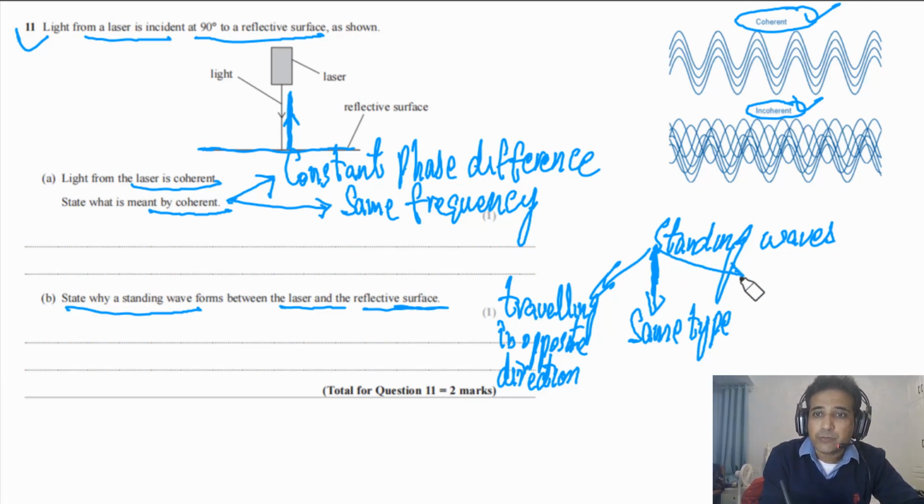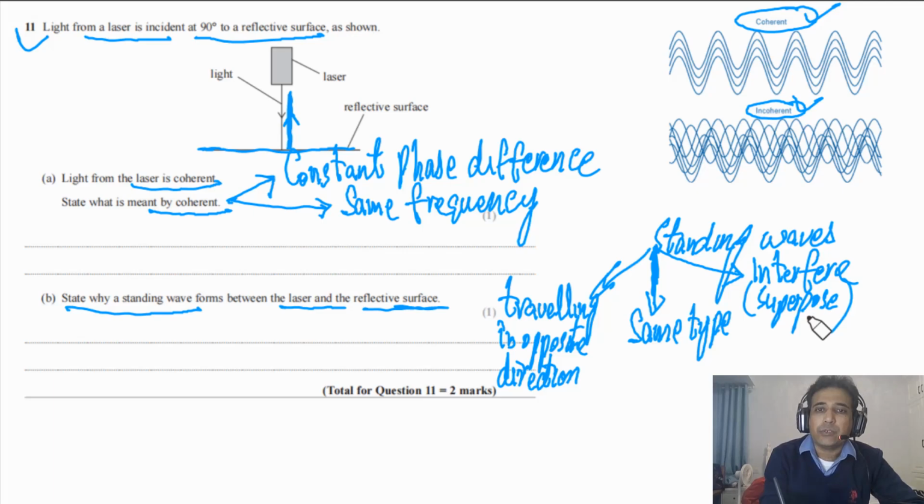And of course these waves have to interfere, they have to meet at a point. You can say interfere, or they have to superpose at a point. So these are conditions for standing waves.